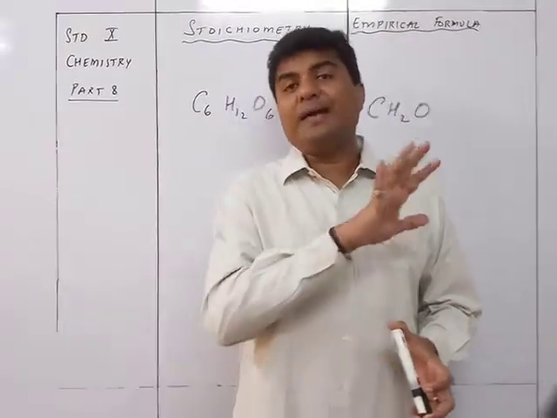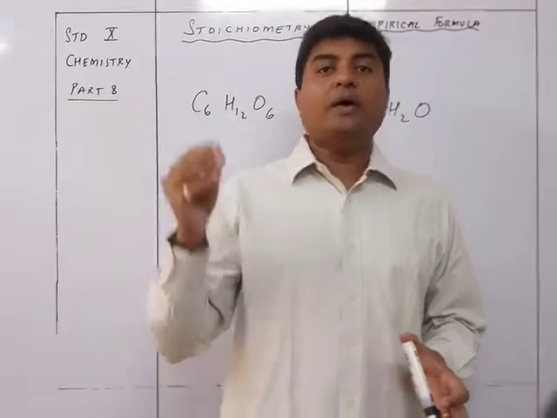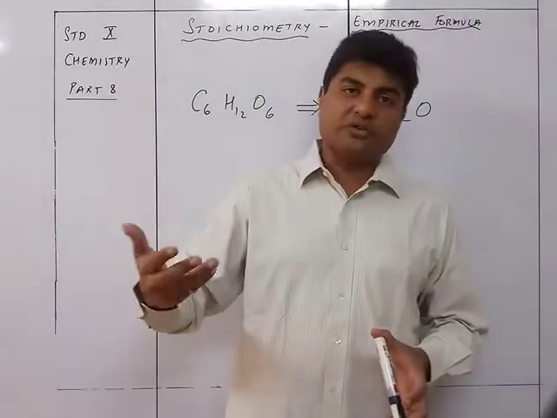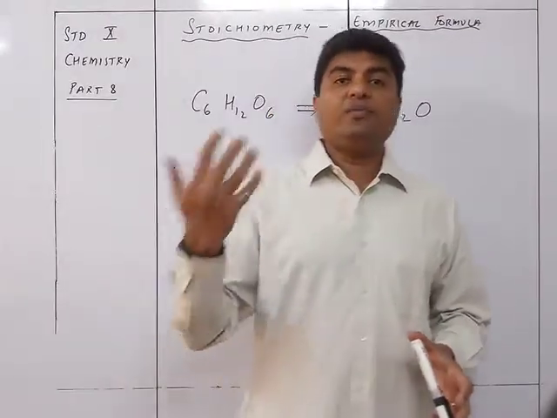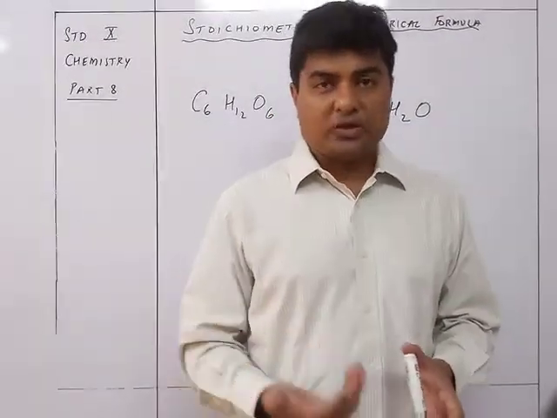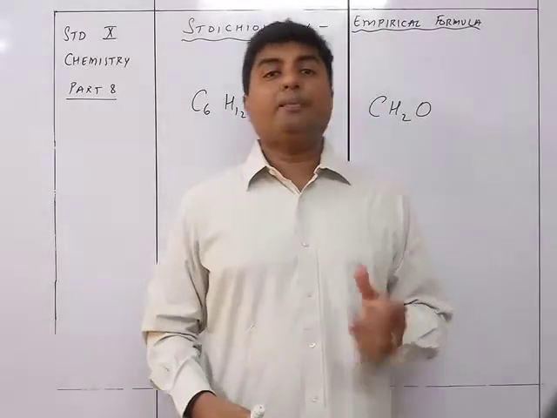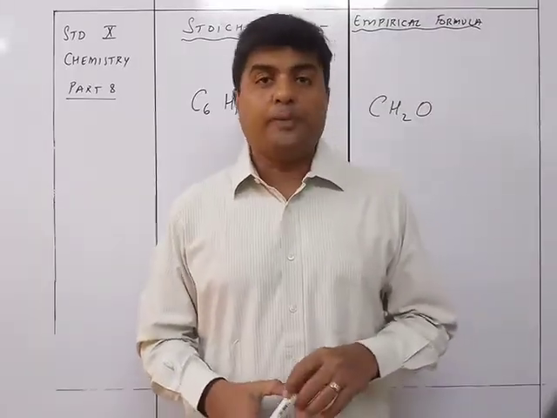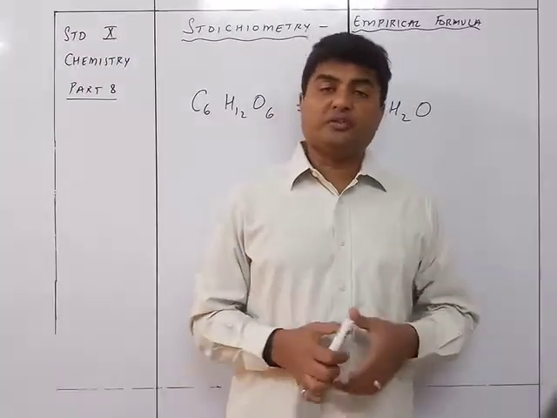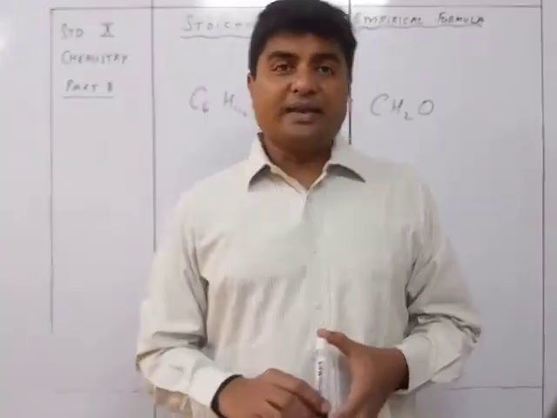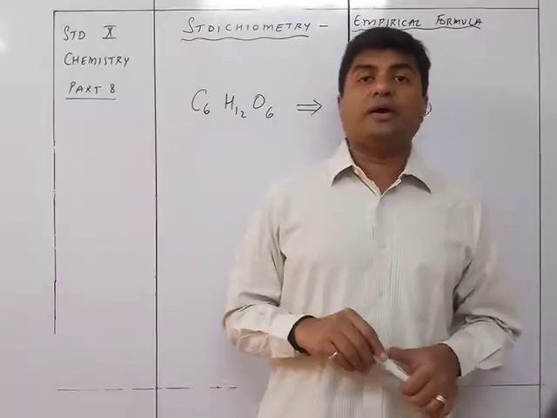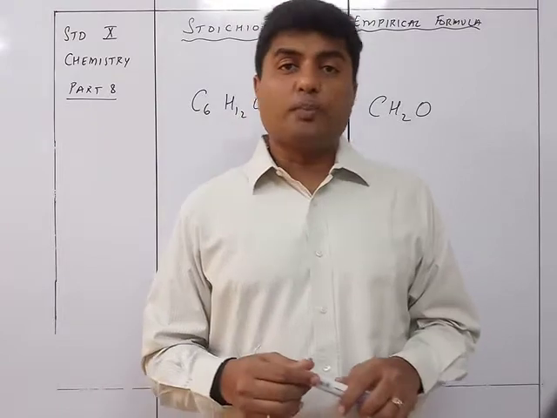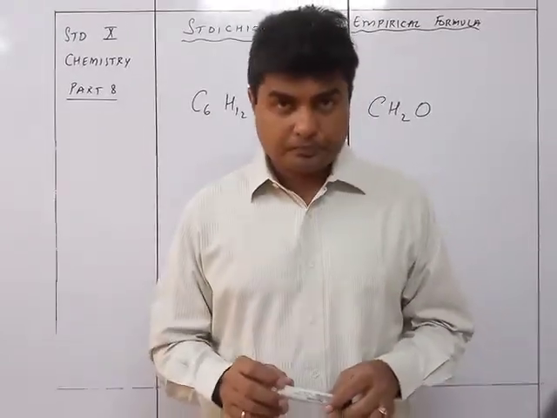There is a complete method by which we find how many atoms of carbon, hydrogen and oxygen are combining together, and then we find the empirical formula based on that. So the empirical formula tells you the whole number ratios of the elements present in the compound, and it can also tell you the formula of a compound whose percentage composition is known to you.